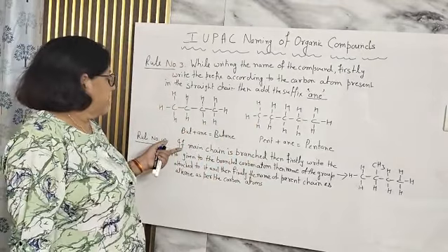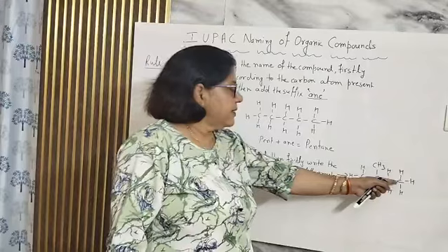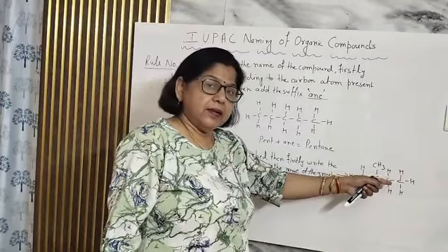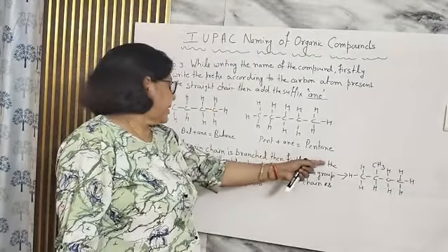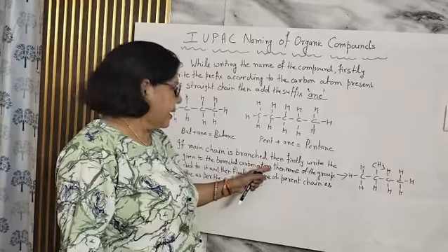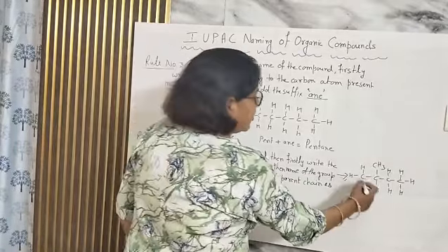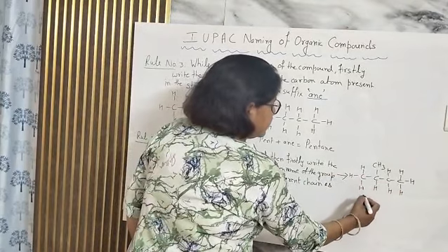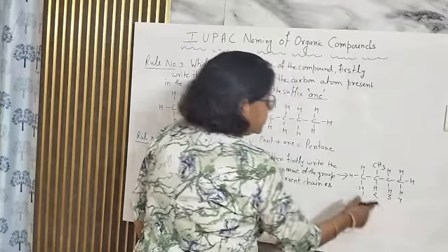Fine. Now rule number 4. Rule number 4 says if the main chain is branched, where main chain means the longer chain which you have counted, then firstly write the number given to the branched carbon atom. Let us do it. If we go from left to right, we count 1, 2, 3 and 4.